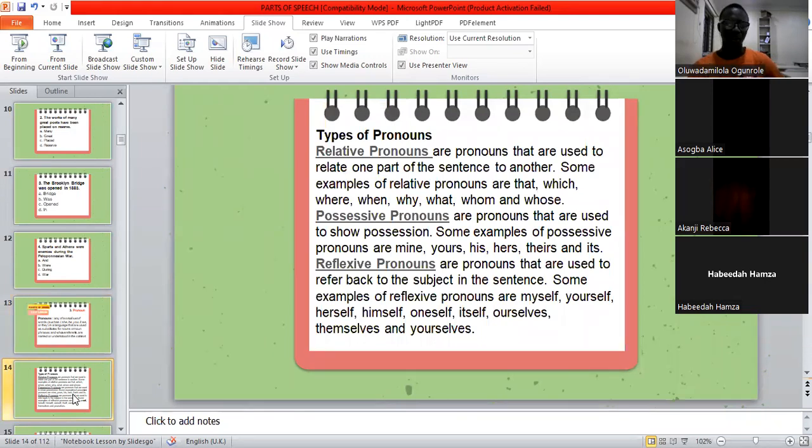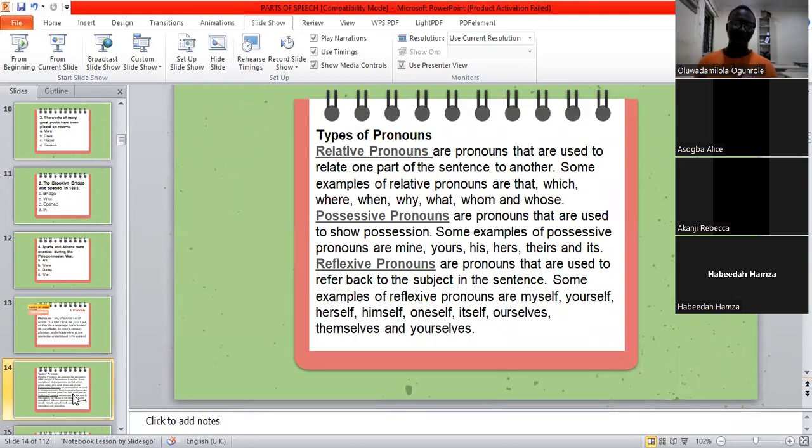There are some other types of pronouns. Basically, we have the relative pronoun. These are pronouns that are used to relate one part of a sentence to another. So they use this to relate the different parts of a sentence together to form a whole. We have examples such as that, which, where, when, what, why, whom, and whose.